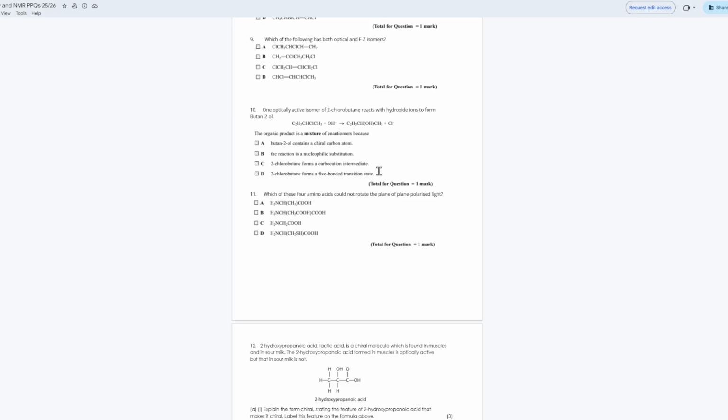And then another one of these, which is the formula could not rotate the plane polarized light. So basically whichever one doesn't have a chiral carbon on it, which should be pretty easy to identify as C. We have two hydrogens on the first carbon, and the other carbon has a double bond to the oxygen.